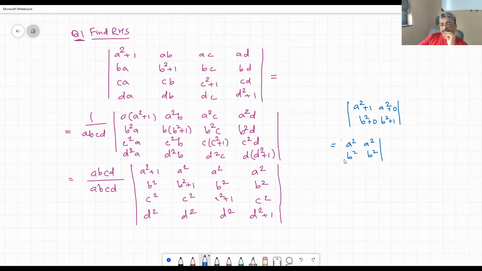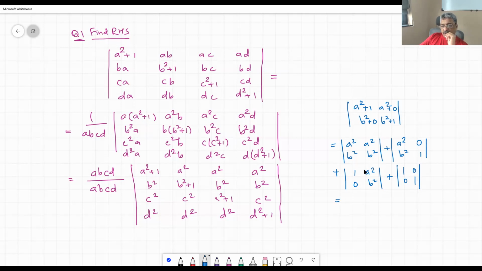So it gets separated into 4 determinants: plus A square, B square, 0, 1, plus 1, 0, A square, B square plus 1, plus 0, 0, 1.